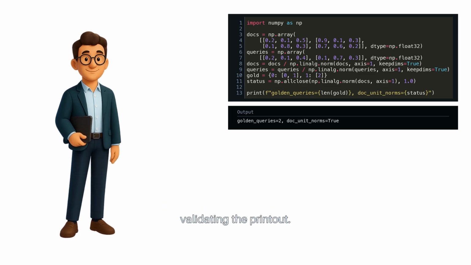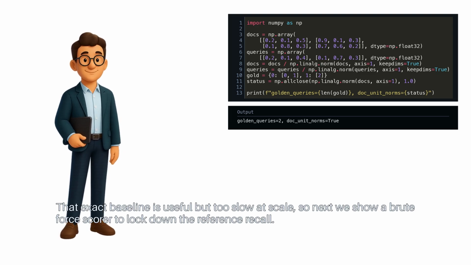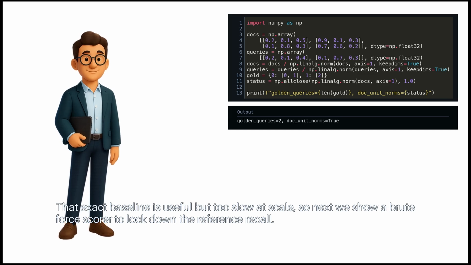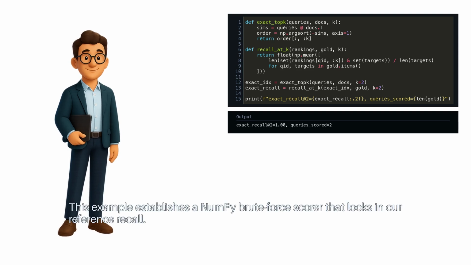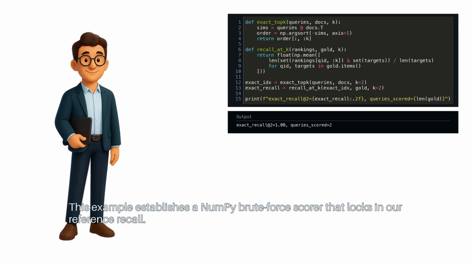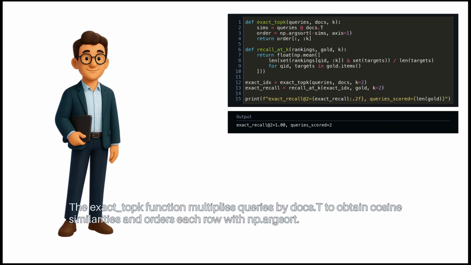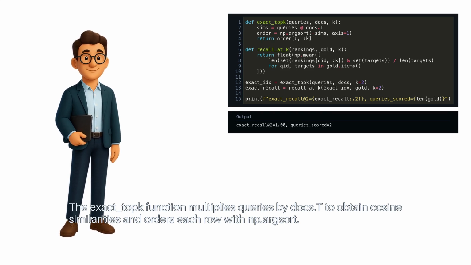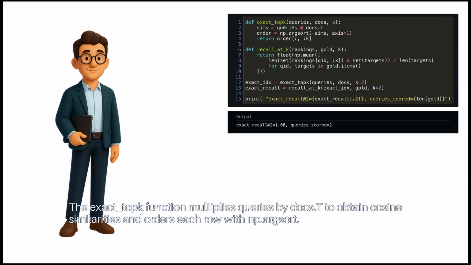norm, validating the printout. That exact baseline is useful but too slow at scale, so next we show a brute force scorer to lock down the reference recall. This example establishes a NumPy brute force scorer that locks in our reference recall. The exact top k function multiplies queries by docs.T to obtain cosine similarities and orders each row with np.argsort.